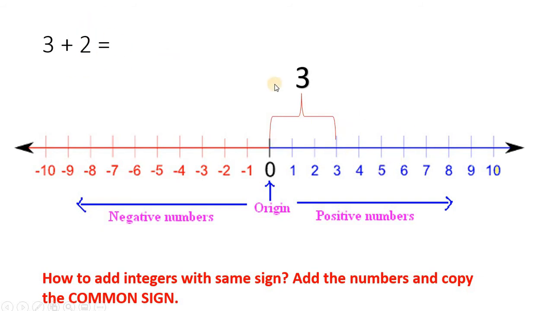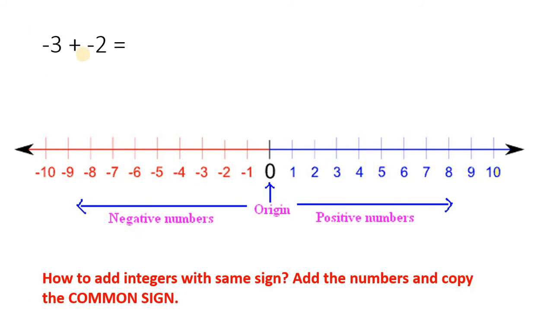Plus positive 2. Since we ended at 3, that is where we start adding 2 units to the right. Why to the right? Because the 2 is positive. So, the answer is, of course, 5. When we count from 0 to positive 5, the distance is 5.